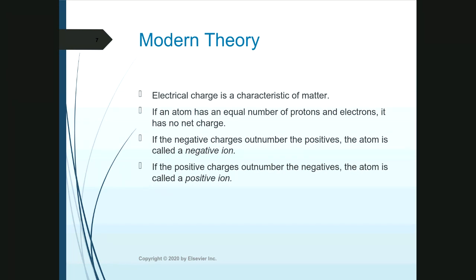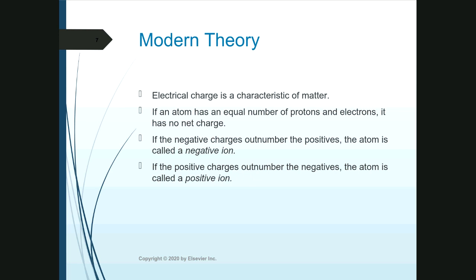When they talk about an atom, if there are an equal number of protons and electrons, then it would have no net charge. I'm going to show you this in another video, but if you imagine that an atom has 6 protons and it has 6 electrons, it means it would have 6 positive charges and 6 negative charges.